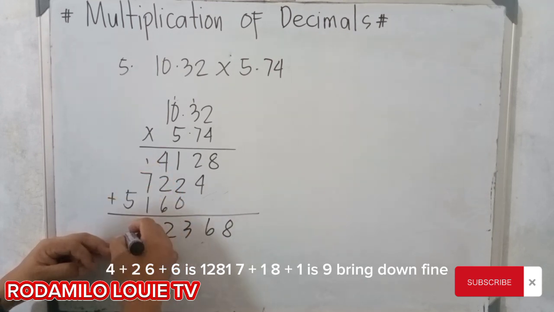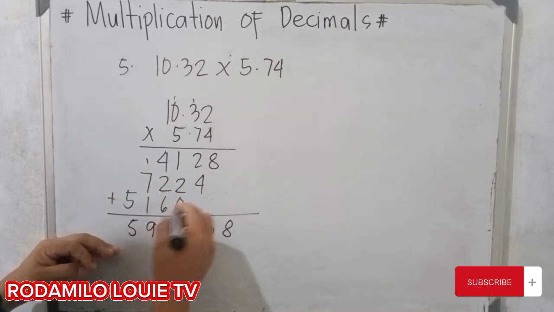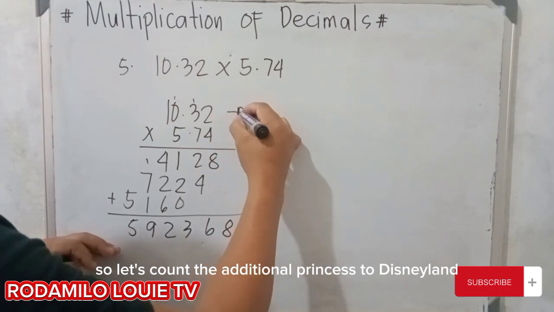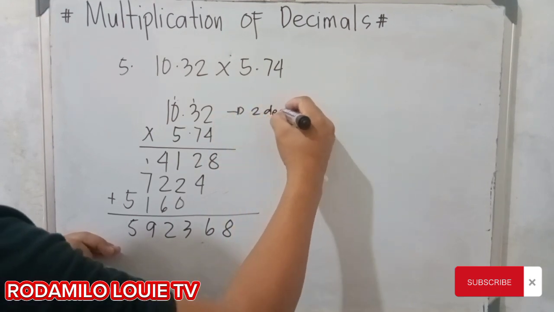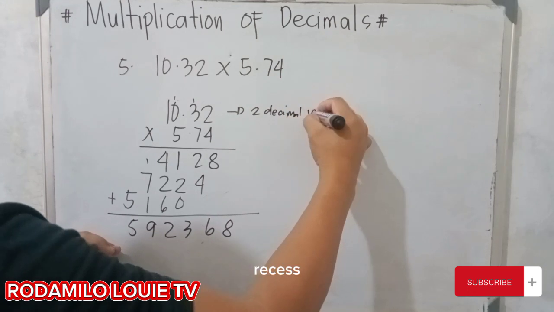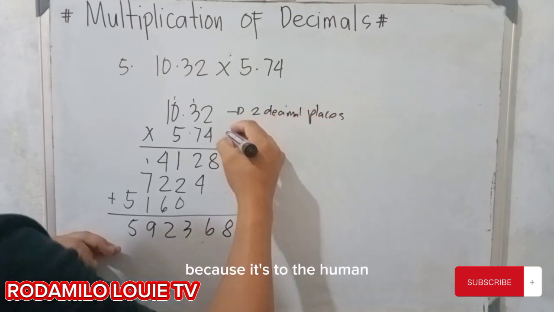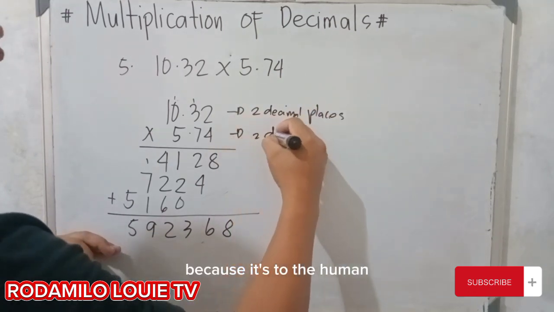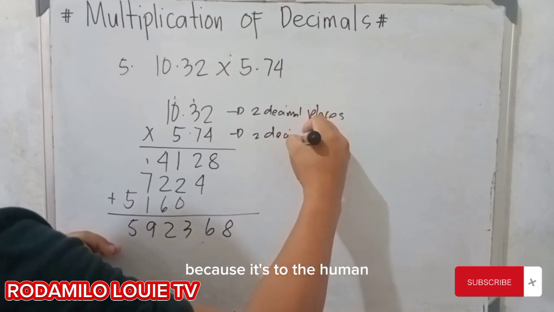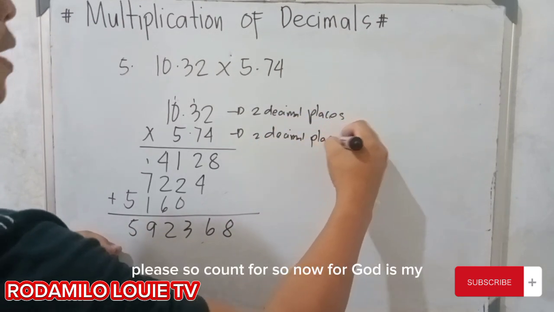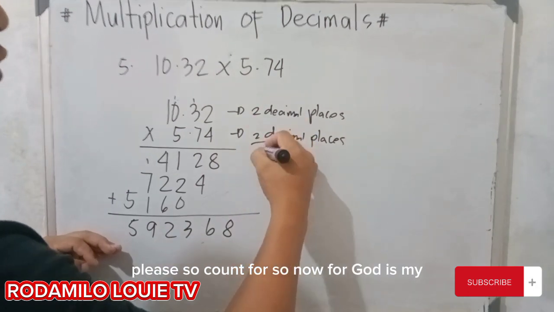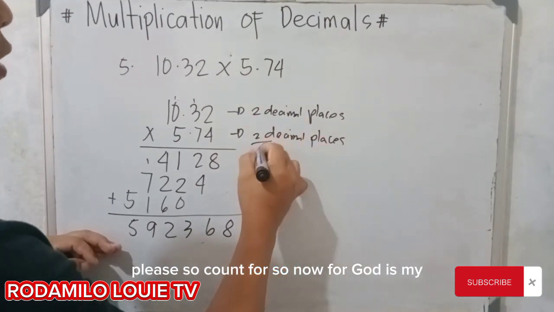Bring down 5. So let's count the decimal places. 2 decimal places, because the other is also 2 decimal places. So that is 4 decimal places.